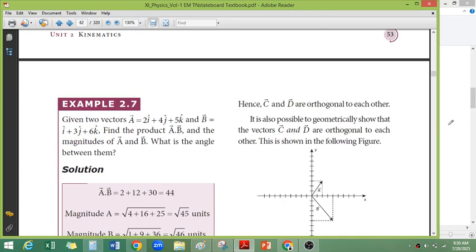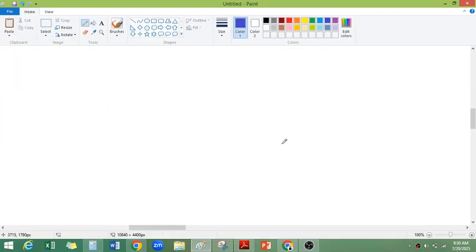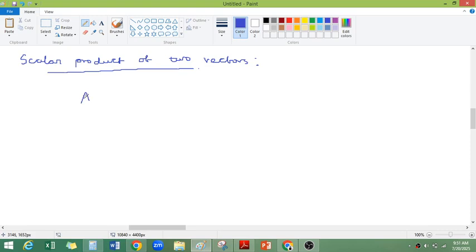Scalar product of two vectors is a dot b. So scalar product is defined as a vector dot b vector, or another name for this is dot product.